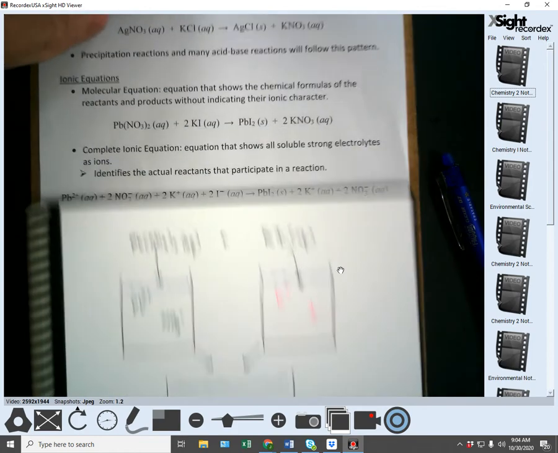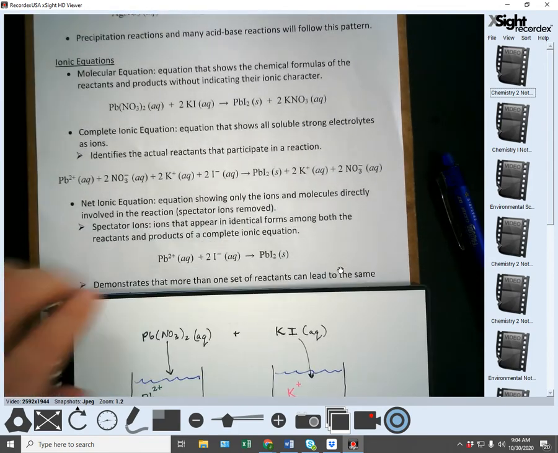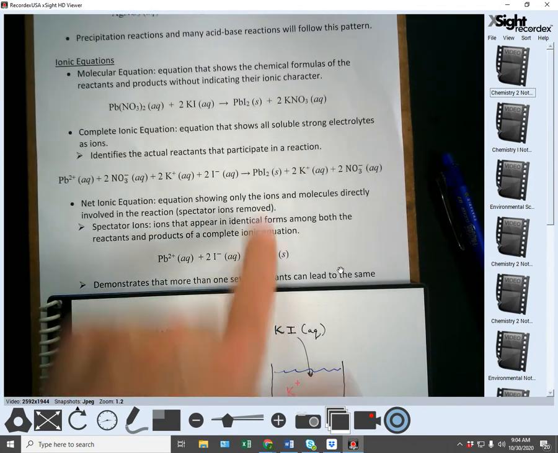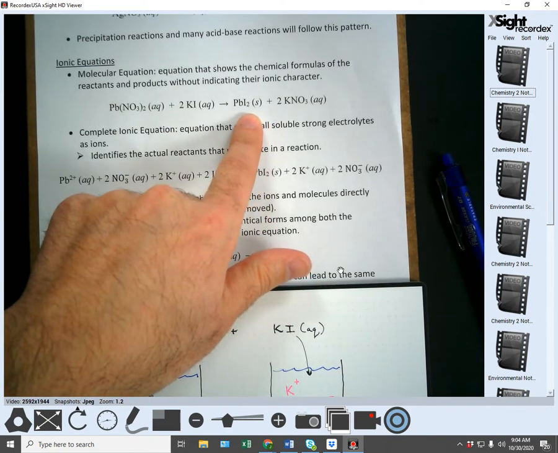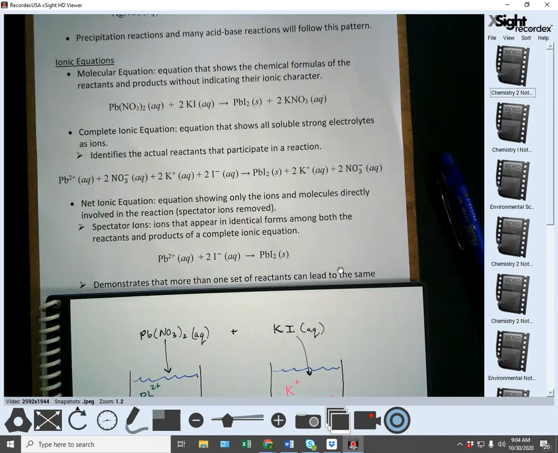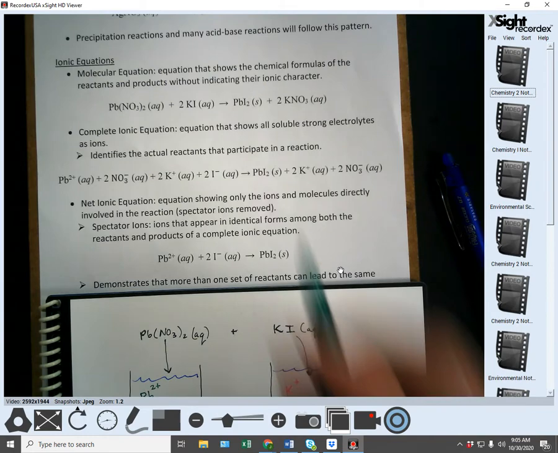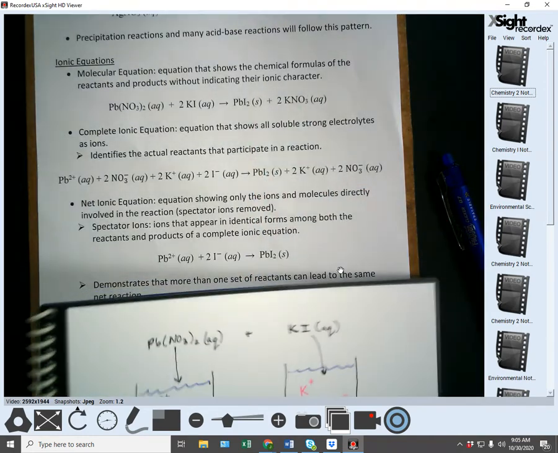Well, according to our reaction, what happens? The Pb and the I2 react together and they form a solid.